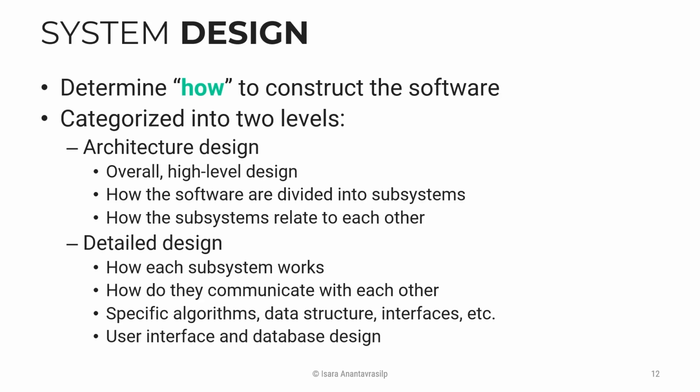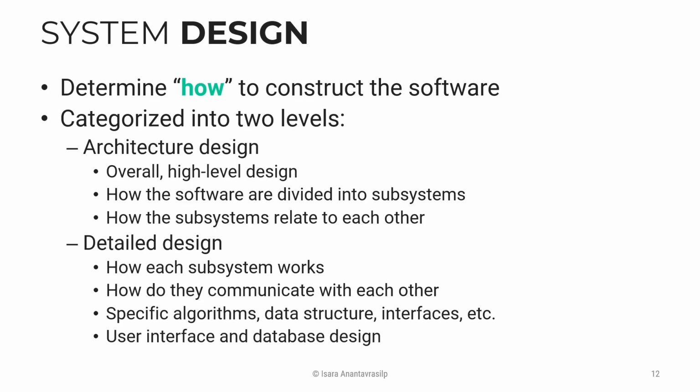You try to specify how each of the subsystems works. And not just that, how they communicate with each other. What would be the output of subsystem A, and what would be the input of subsystem B? What kind of output and input.